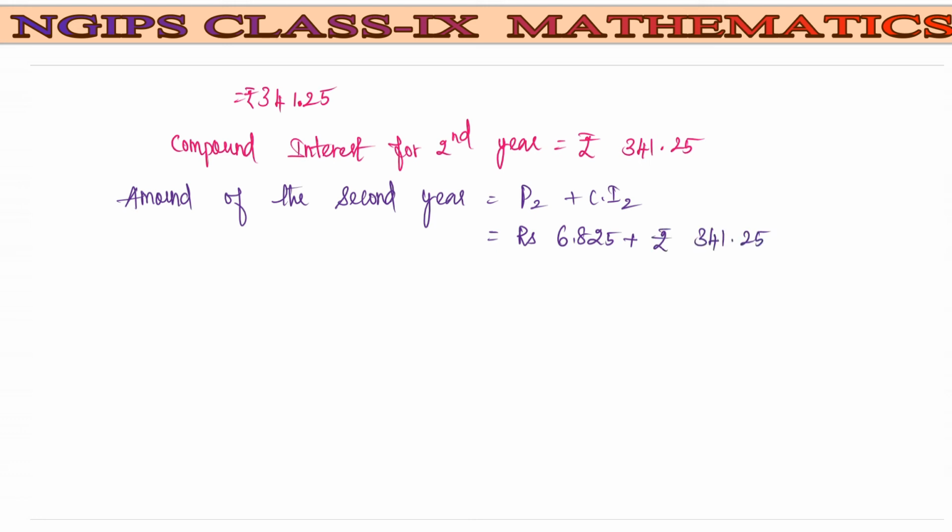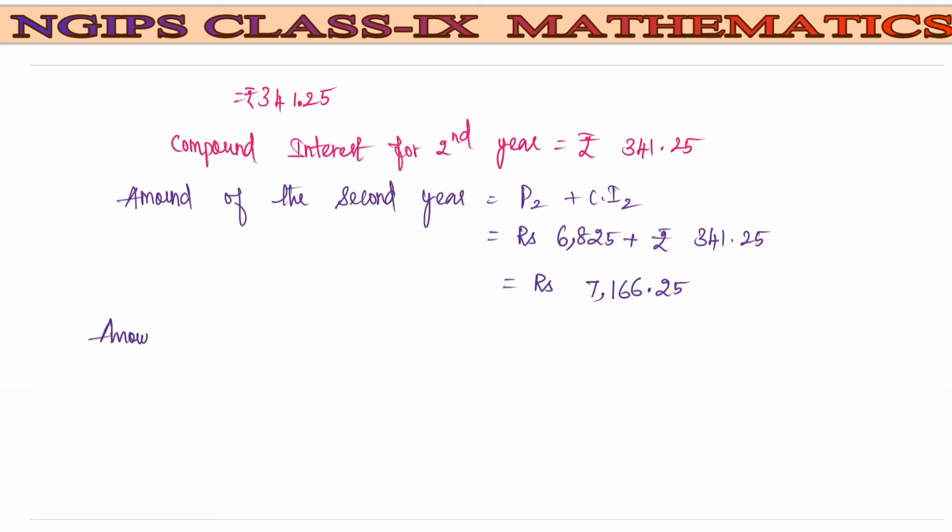If you add both, you will get rupees, 5 plus 1 is 6, 4 plus 2 is 6, and 3 plus 8 plus 3 is 11, 1 remainder, here it is 7. So we will get 7,166.25 rupees. So this is the amount left to be paid.